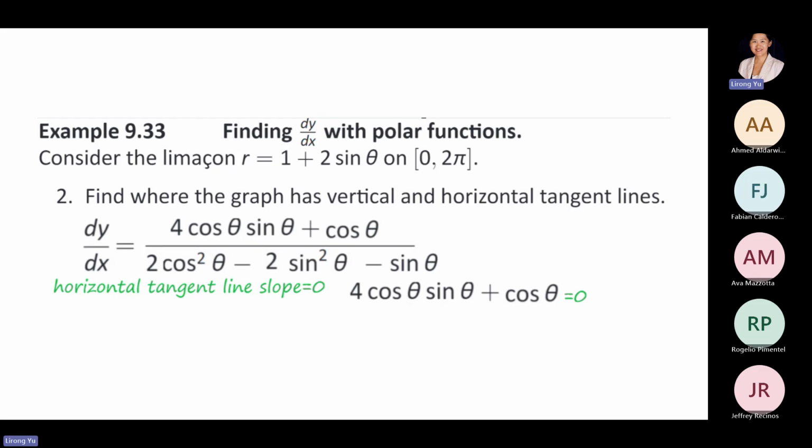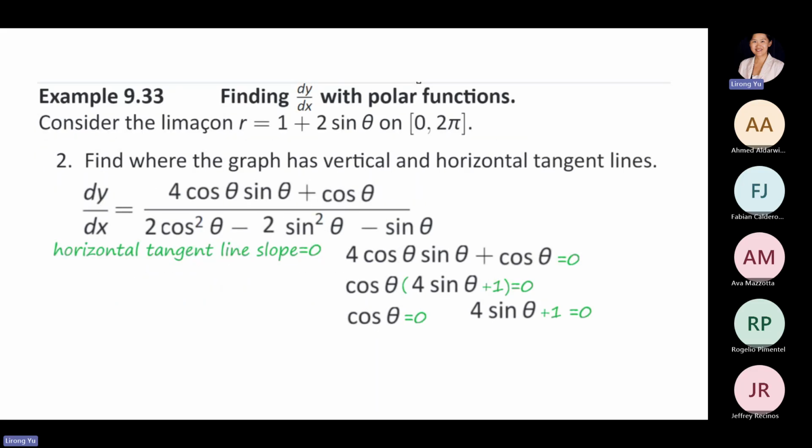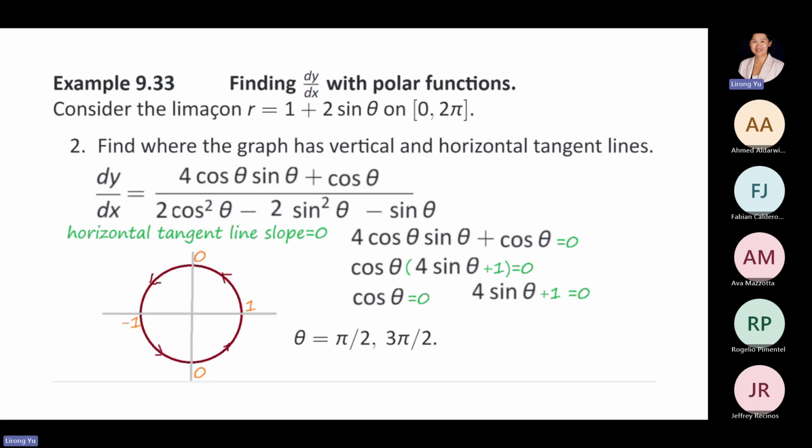Now we need to solve for theta. And there's a common factor, cosine theta. So you factor out cosine theta, you have 4 sine theta plus 1. So cosine theta equals 0 or 4 sine theta plus 1 equals 0. Now, we need to know when the cosine equals 0, within 0 to 2 pi. And I draw a unit circle just to study the cosine value. Within 0 to 2 pi is 1 cycle, and the cosine value follows the x value.